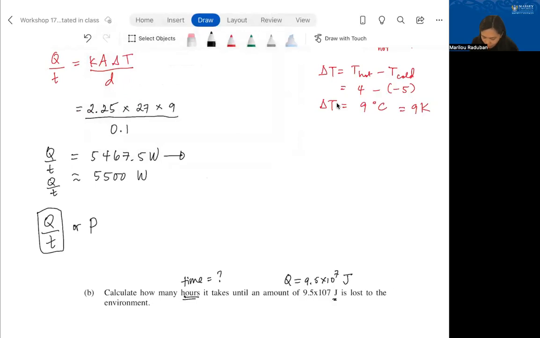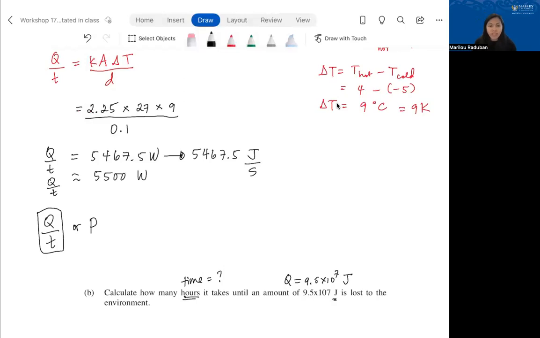Right. So the heat transfer rate, or the rate for which heat is transferred, is 5,467.5 watts, means that 5,467.5 joules of heat is being transferred every second.